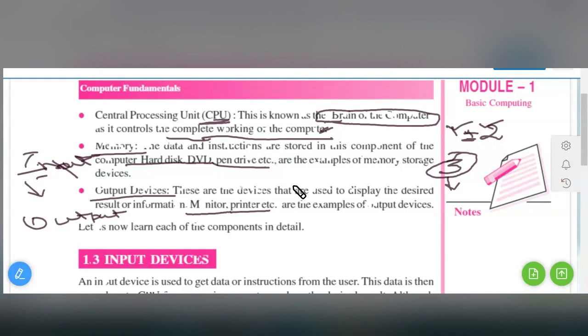You might have seen, when I give some information for the admission process and I'm filling a form, after that I need it in the form of a printout. So I use a printer for that, and most of us use this option. One time or the other we need this. These are the basic examples of output devices: monitor, printer, all those things. In addition to this, we have so many other details, and we will see the details of output devices later.